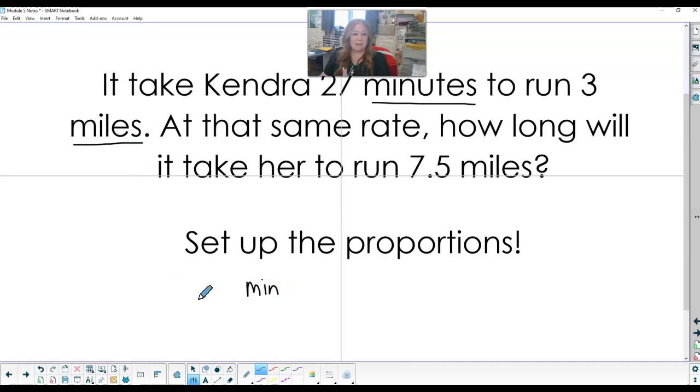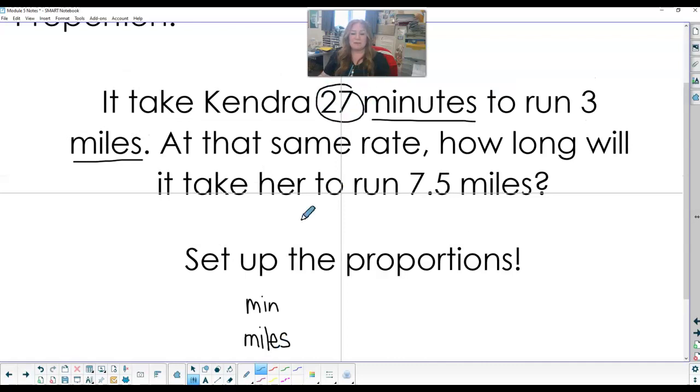And the other thing I'm comparing is miles. So minutes and miles. Get your two labels. So we start out with 27 minutes. I want to put that in the minutes row, 27 minutes. And right, ratios are just fractions, 3 miles.